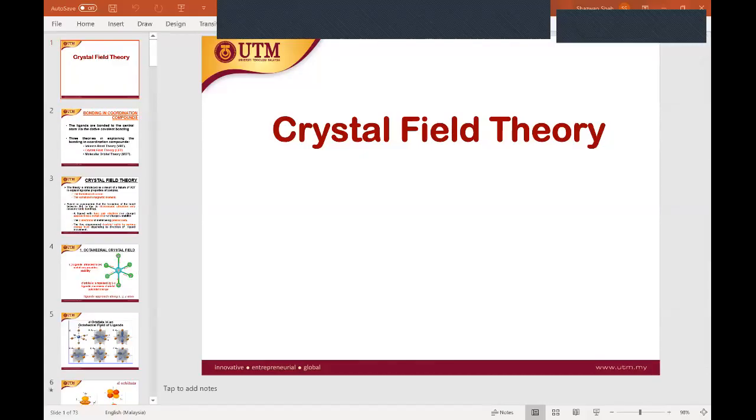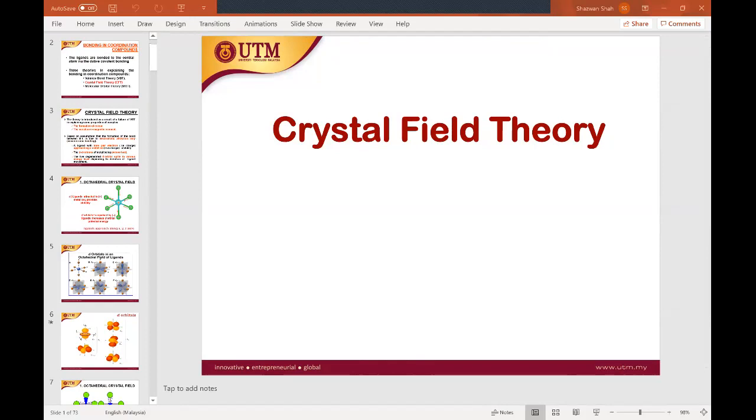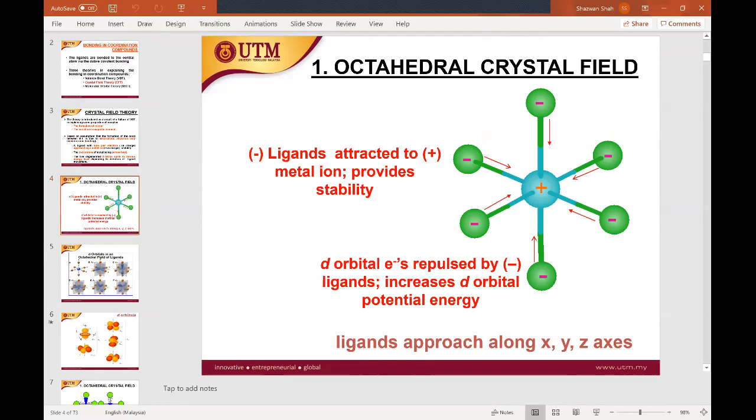InsyaAllah hari ini kita akan sambung chapter crystal field theory. Sebelum ni minggu lepas kita dah cover kenapa crystal field theory ni, so nak complement valence bond theory, VBT. And then kita juga belajar tentang ligand, tentang how ligand approaching metal.